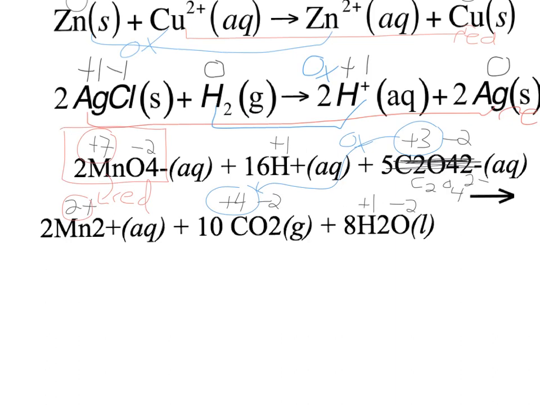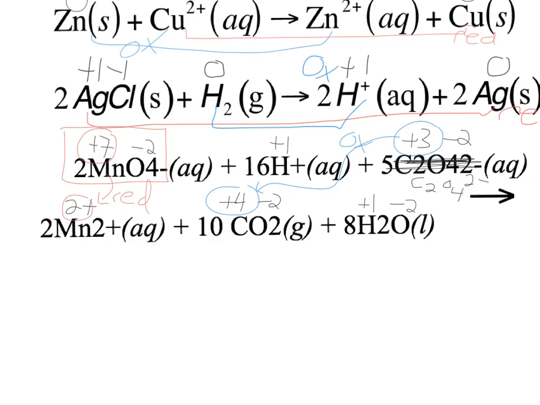Even though the oxygen's not the one losing the electrons, we say the permanganate, the whole thing, is being reduced into manganese. And we would say oxalate, this whole oxalate molecule, is being oxidized into carbon dioxide. That's the way we would say it. It's not really just the one element by itself.